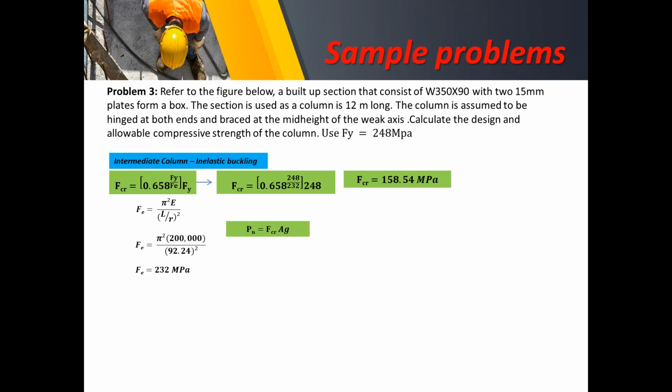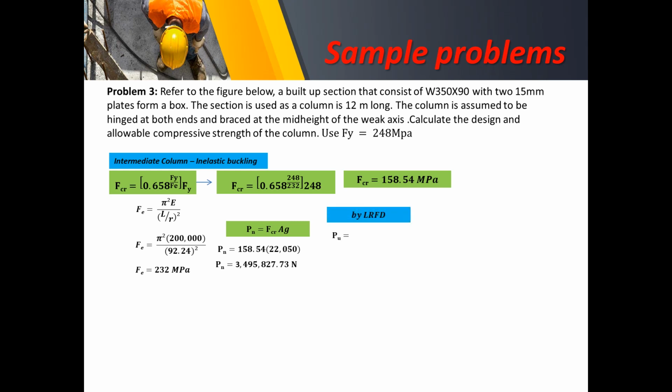Multiplying Fcr to that Ag, we derive the nominal strength Pn. So therefore, 158.54 times 22,050, which is the area, we have 3,495,827.73 newtons.